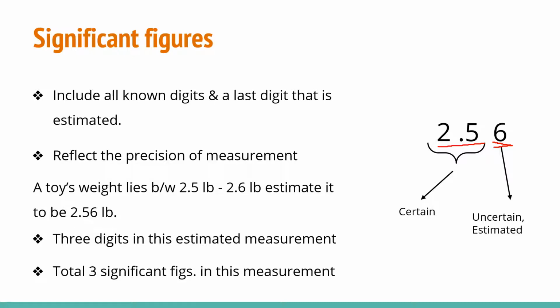So this digit varies. However, all three digits convey useful information and they are called significant digits, or significant figures. So in this measurement, there are three significant digits. Significant digits are the certain digits and the last digit that is estimated. So basically, they reflect the precision of the measurement.